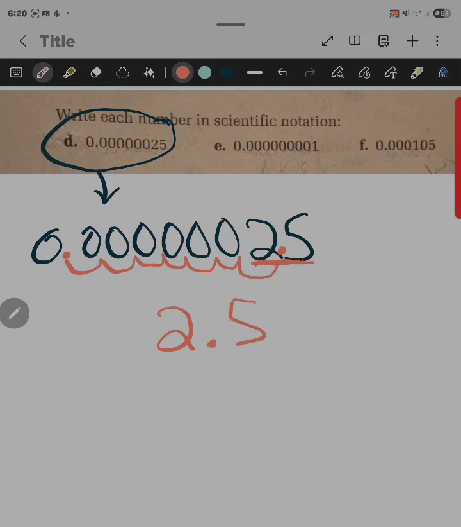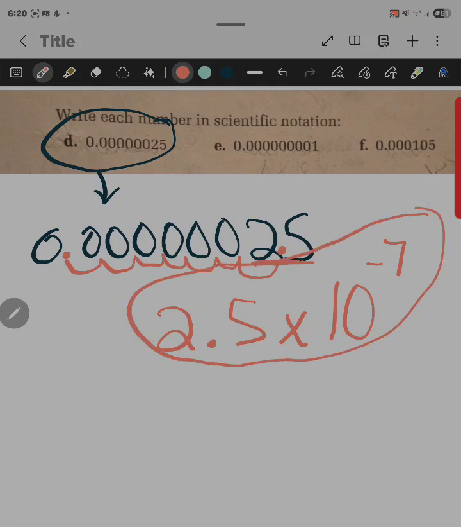And the way that we write it in scientific notation is, first of all, we did what we just did, is we find out how many places to the right we had to move it, right? And then we write that as times 10 to the, well, how many places did we move it? We moved it 7 to the right, so that's times 10 to the negative 7, because we moved it 7 times.